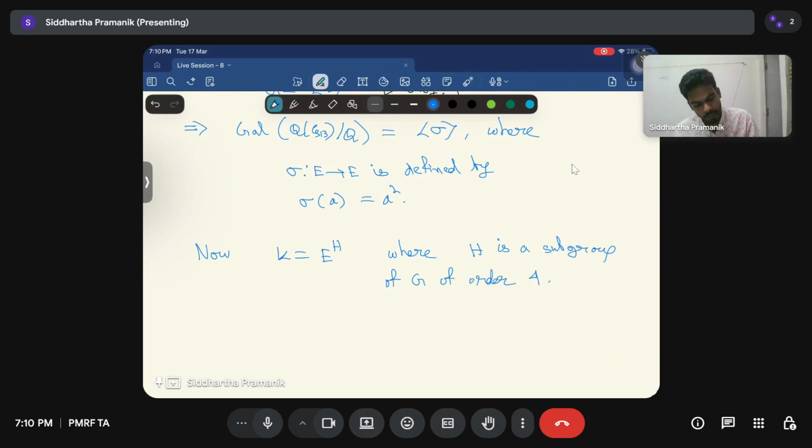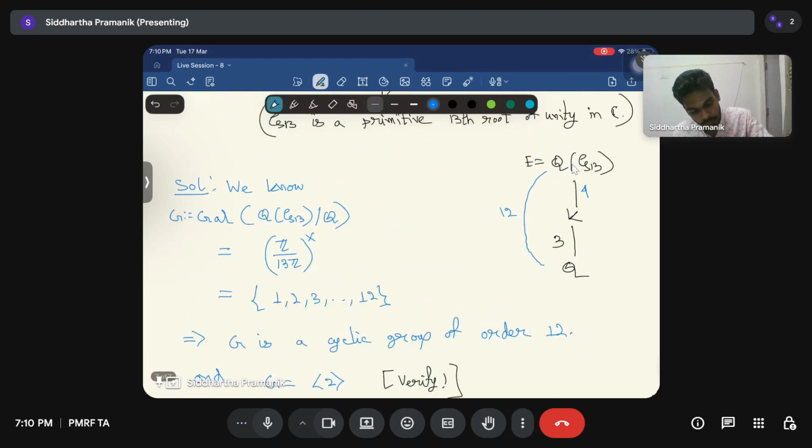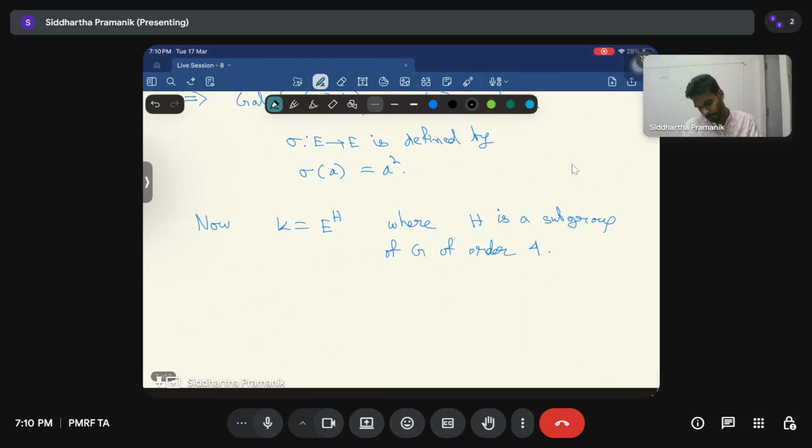So this should be E power H, and this should be the cardinality of H, and this should be the index of H in G. So this is by the fundamental theorem. So this will imply H is generated by sigma power 3, because the order of sigma power 3 is 4, since the order of sigma is 12.